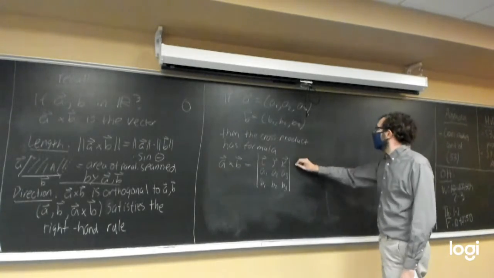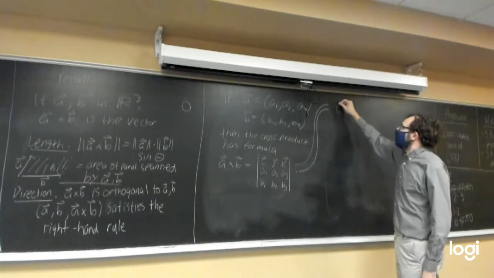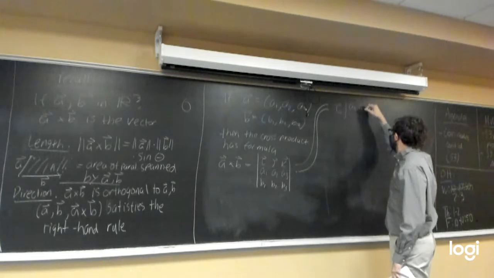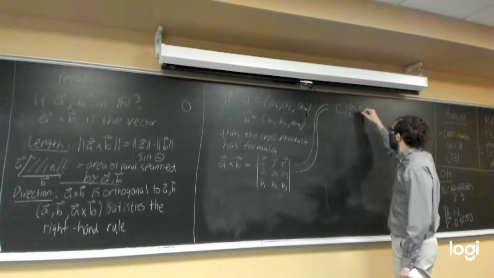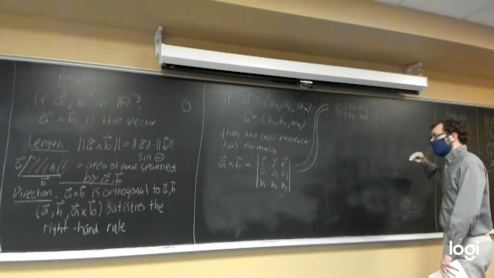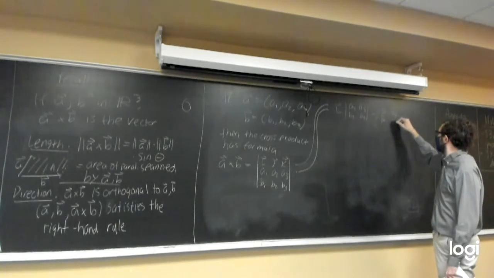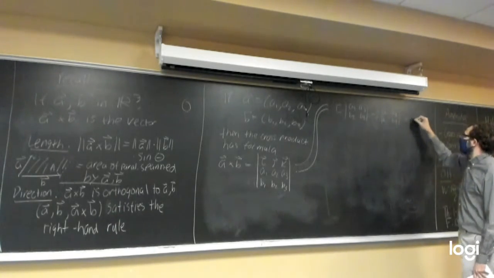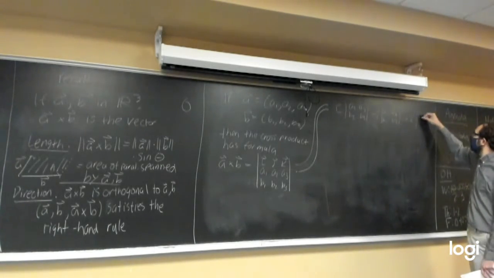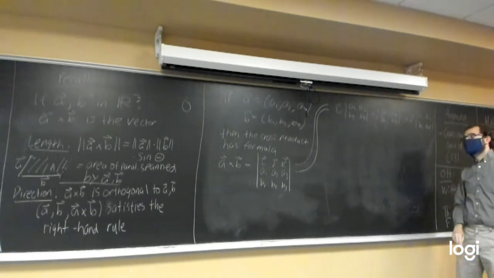Because if we evaluate this, we're going to get vector i times the determinant of the 2 by 2 matrix A2, A3, B2, B3, minus vector j times the determinant of A1, A3, B1, B3, plus standard basis vector k times the determinant of A1, A2, B1, B2.